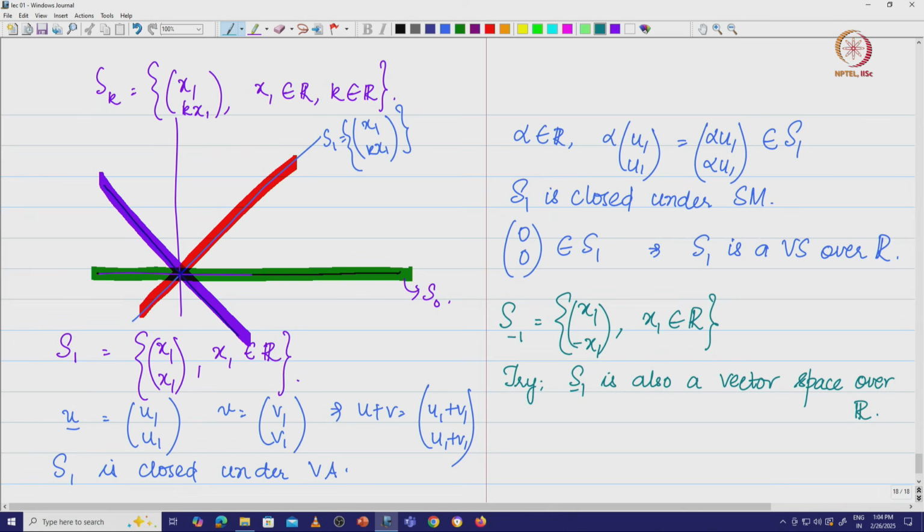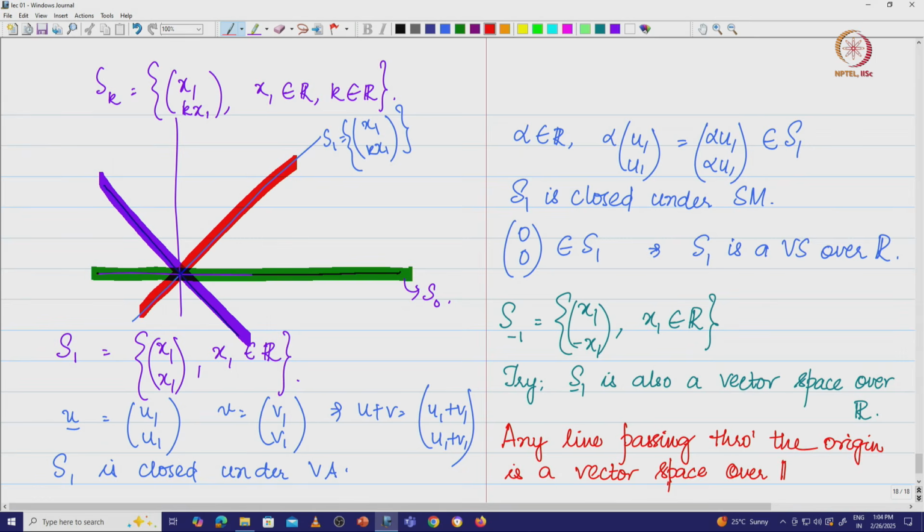Therefore, we are going to make a very interesting observation here. We are going to say that any line passing through the origin is a vector space over R. I mean, so geometrically you find that the vectors are all in the same direction.